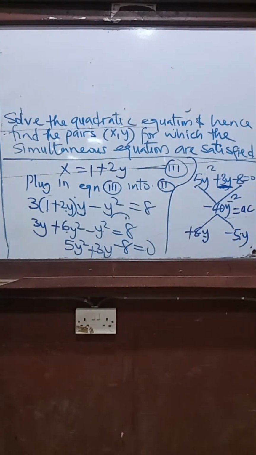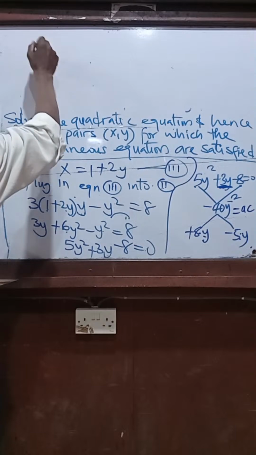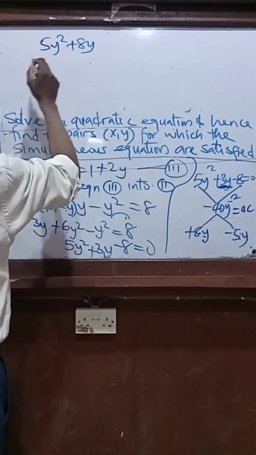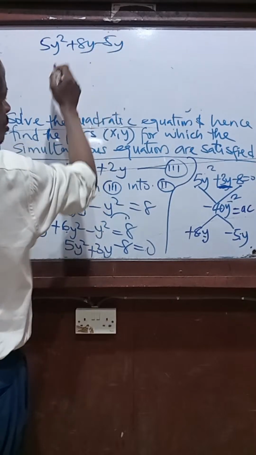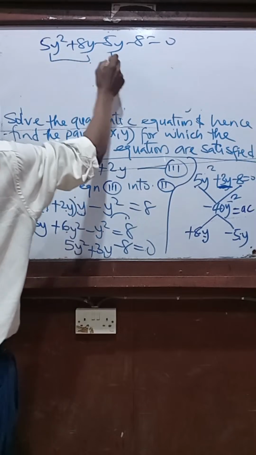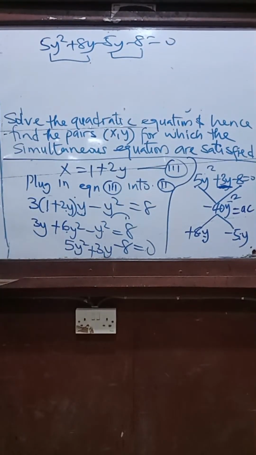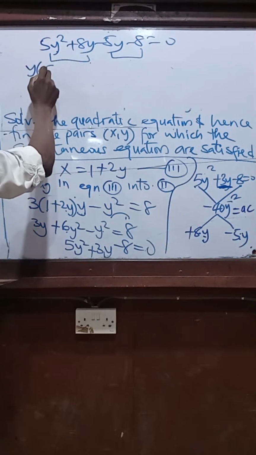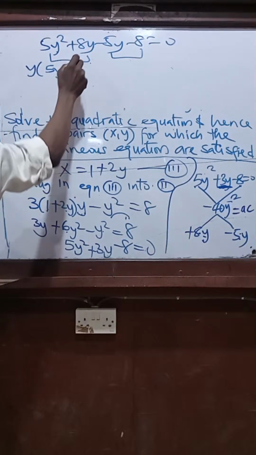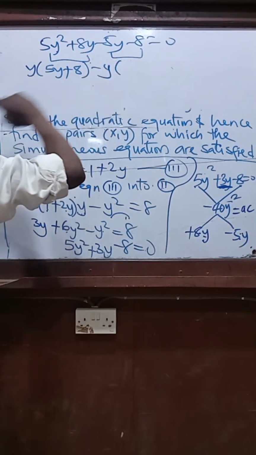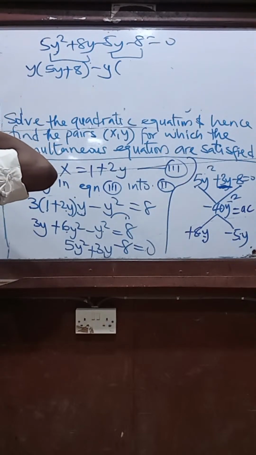So what we are going to have now will be 5y squared plus 8y minus 5y minus 8 equal to 0. Pair the first 2, pair the last 2. Here y is common, take it out, so we have y into bracket 5y plus 8.